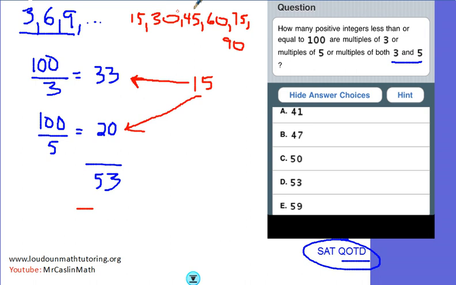All right, so you got 1, 2, 3, 4, 5, 6 different numbers here. And you could have just taken 100 divided by 15 and truncated it and realized the answer was 6. So 53 minus 6 is 47, which is another one of the answers that they provided for you. Turns out the answer to this question is 47, so be careful.